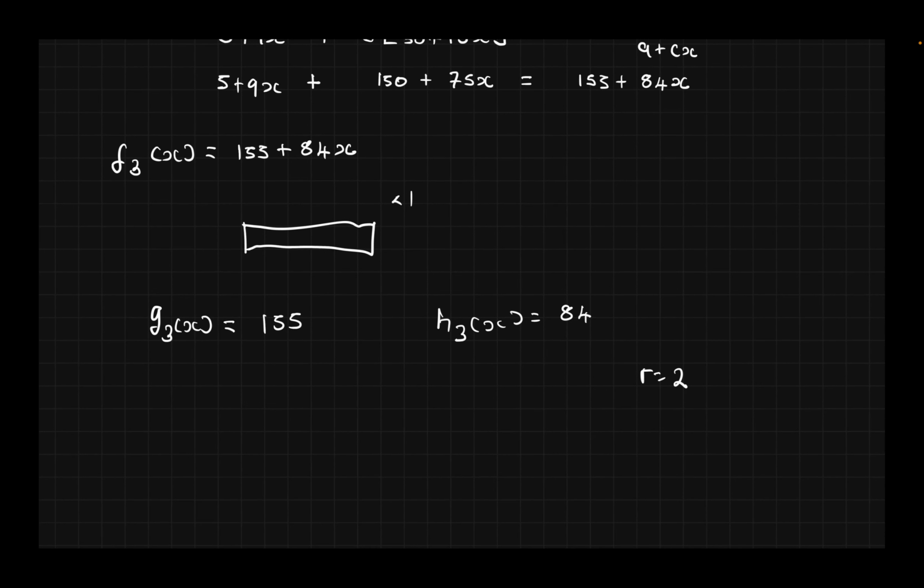This is our R3, so that's just going to be 155 plus 2 times 84. What's this? 155 plus 168. Then 168 plus this is what? 2.